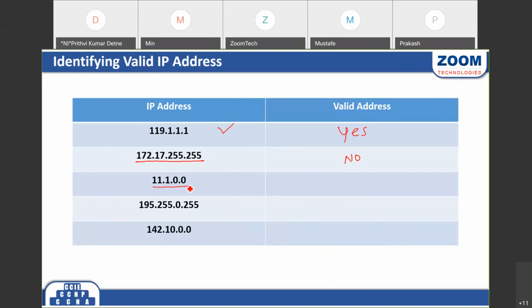11.1.0.0, is it valid? Yes or no? A few people are saying yes, some are saying no. Read the IP address clearly: 11.1.0.0.